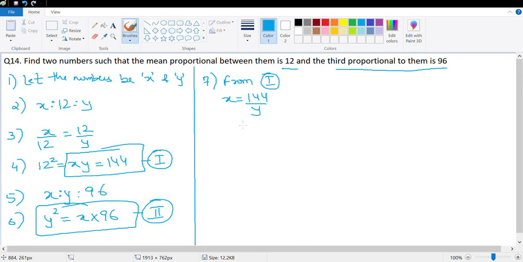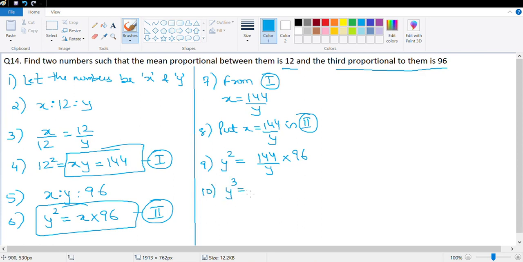So put x is equal to 144 upon y in equation number 2 and let's see what we get. y square is equal to 144 upon y into 96. Yes, that's correct, which means y cube is equal to 144 into 96, which means y is equal to the third root of 144 into 96.